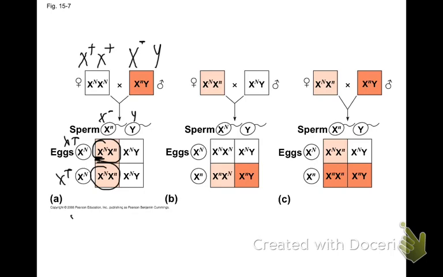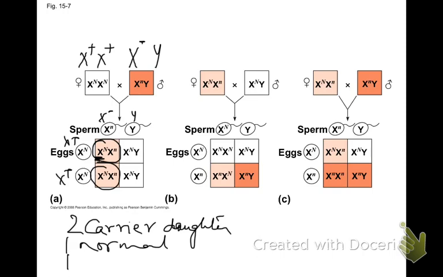So there are 2 carrier daughters, one normal son and the other also a normal son. You notice the father had the defective gene. He did not pass it on to his sons but to his daughters.